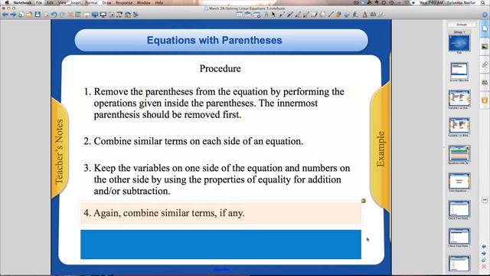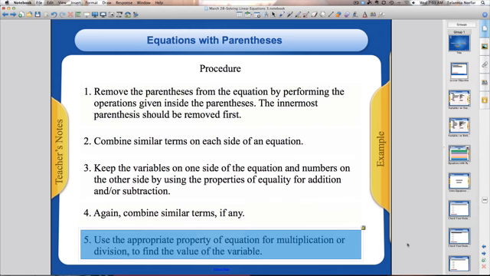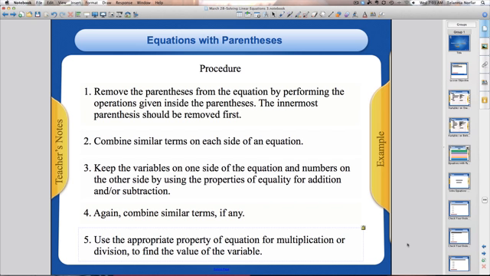And then we have to combine similar terms, if any. Typically, there may not be any. And then we use the appropriate property of multiplication or division to find the value of the variable. So again, pause the video until everyone has written down all these steps, and then unpause when you're done.